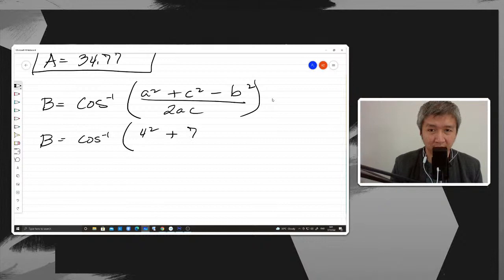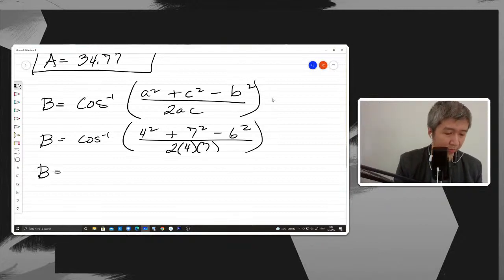Plus 7 squared minus 6 squared all over 2 times 4 times 7. You double check your calculator.